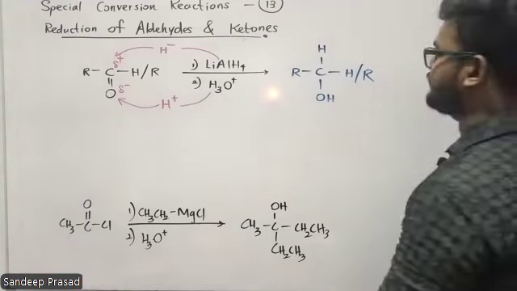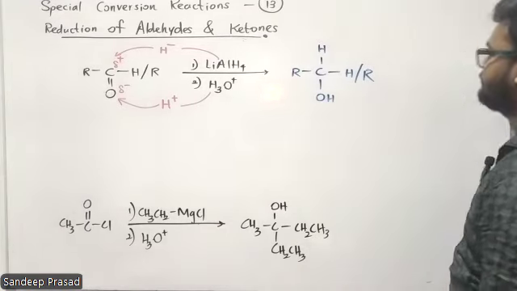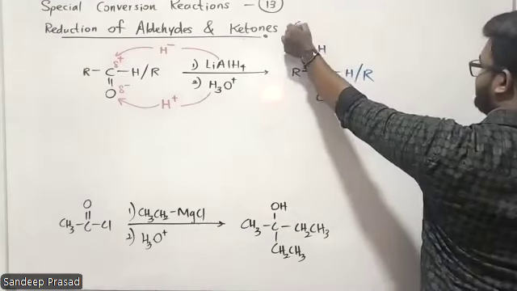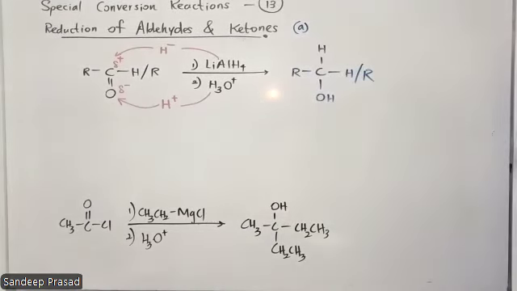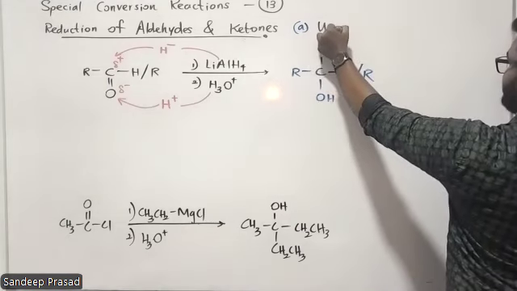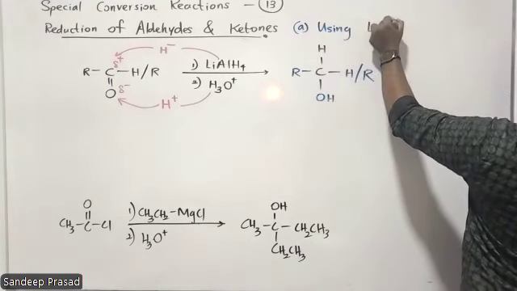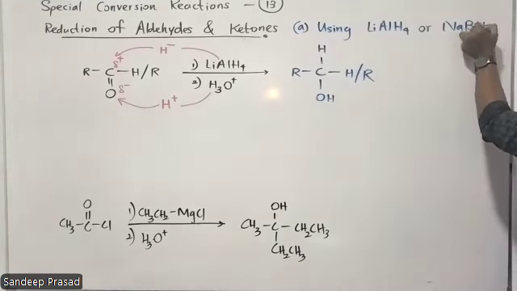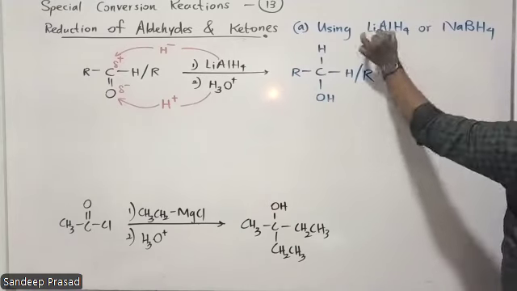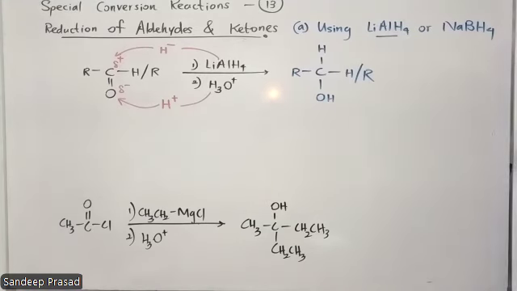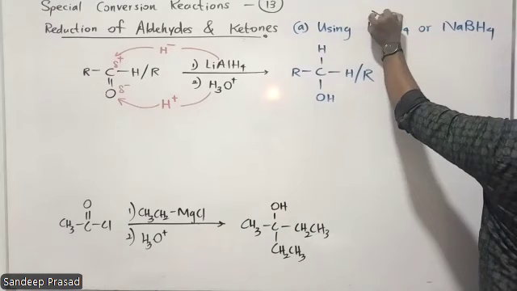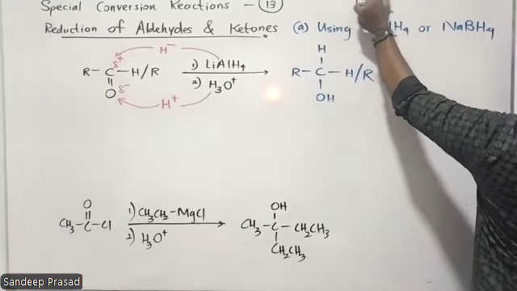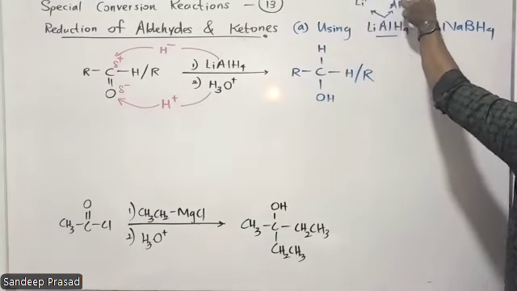So the reduction of aldehyde and ketone is actually of two types. This is simple A, write down simple A: reduction of aldehyde and ketones using lithium aluminium hydride or sodium borohydride. This compound, lithium aluminium hydride, is made by lithium plus cation and aluminium hydride anion, AlH4 minus.